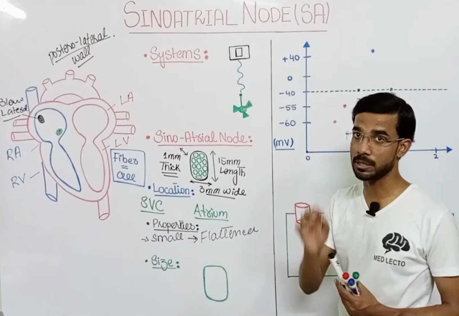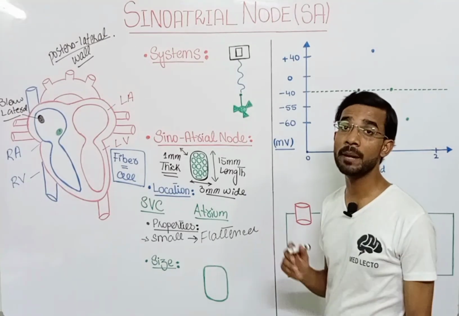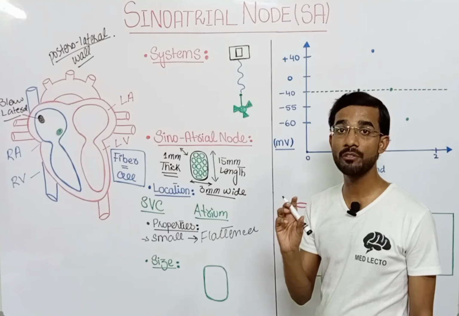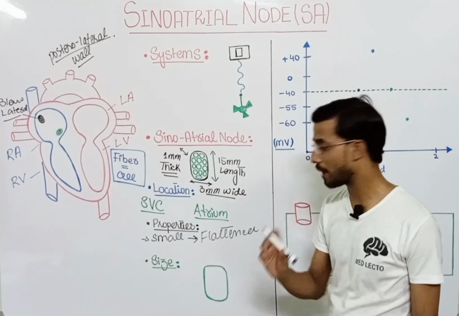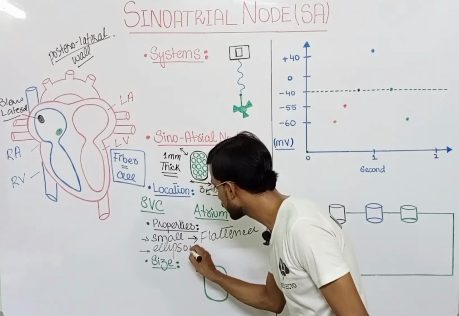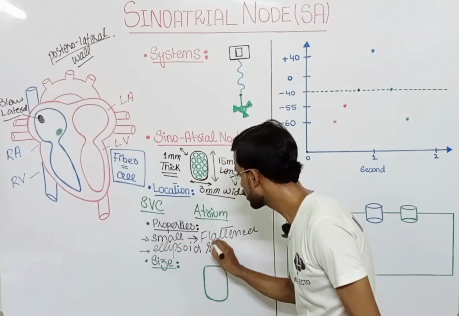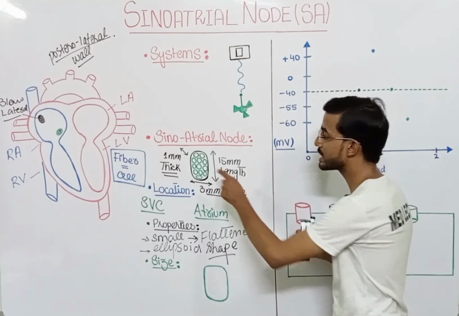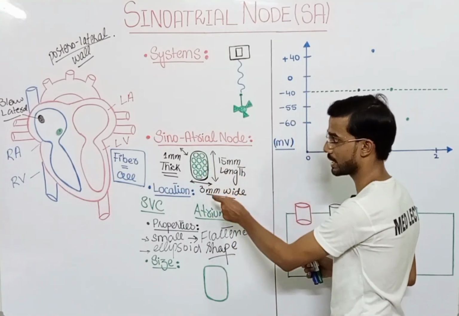That is again a very important property. And the third main property, it is an ellipsoid shape strip containing different cells or fibers.